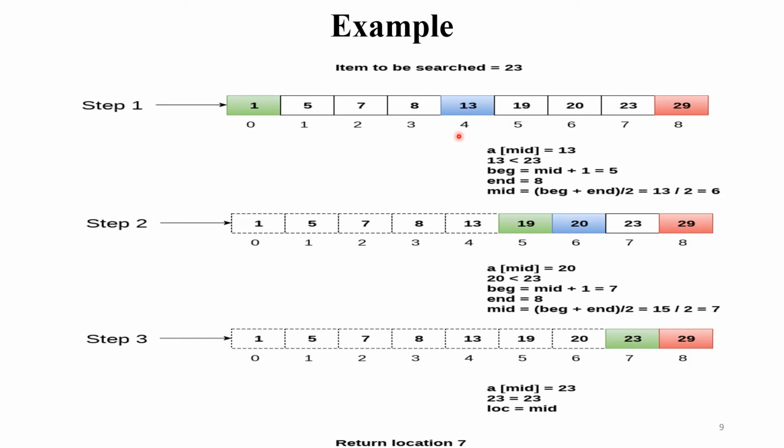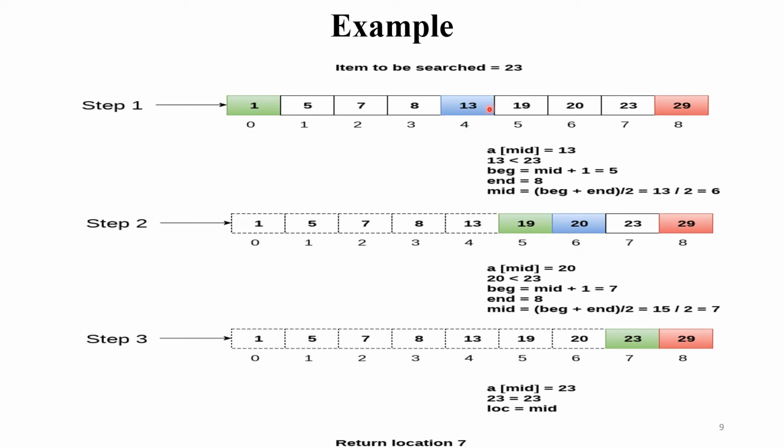So how to find the middle element? Using mid is equal to beginning plus end divided by 2. Here beginning is 0 and end is 8, so 0 plus 8 is 8, divided by 2 is 4. So we got the middle element, which is 13.